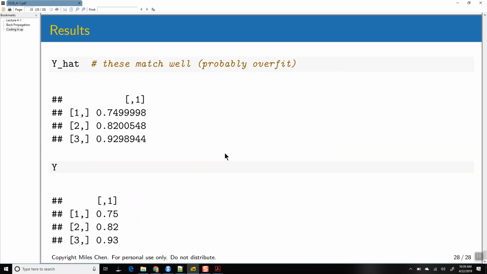But we can compare what our neural network predicts for our 3 observations and the 3 actual values, okay? So the 3 actual values were 75, 82, and 93, and after training it, my neural network will predict basically 75, 82, and 93, okay? Which I would consider a success.